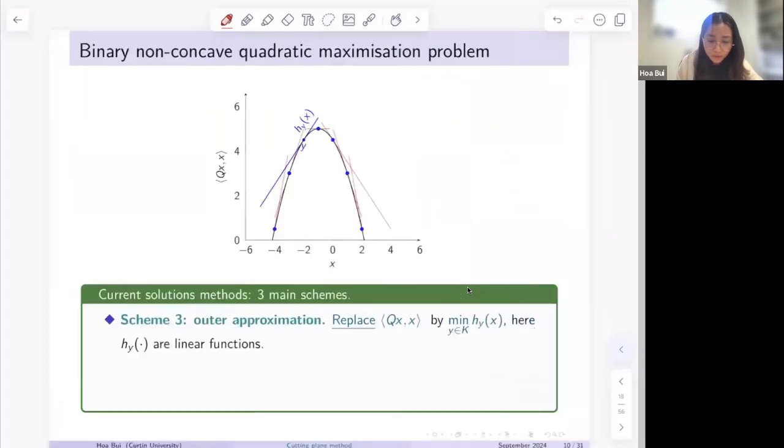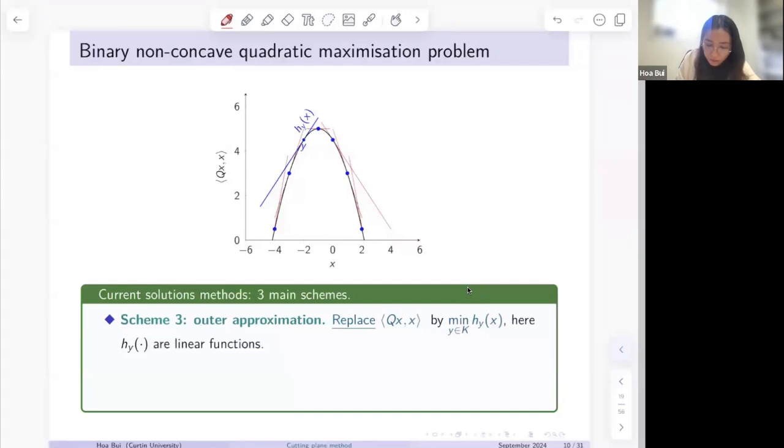The third approach is actually to go back to the first idea, to leverage the linear solver. So we rewrite the problem into a linear form as well, but we don't increase the number of decision variables. How do we rewrite the problem into linear form without increasing the number of decision variables? The third approach is outer approximation. The idea is to approximate the whole function by a collection of linear functions.